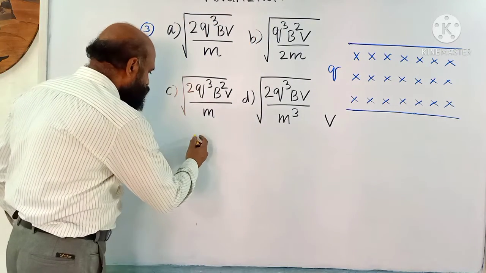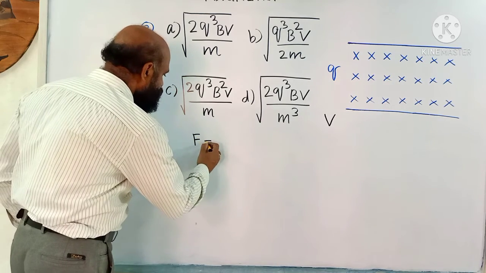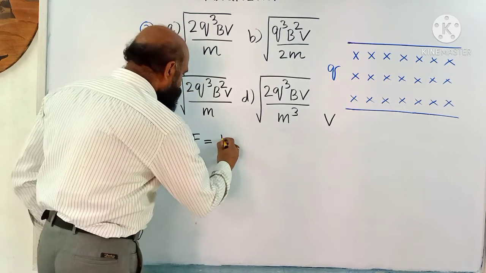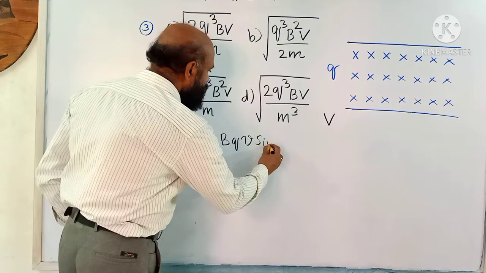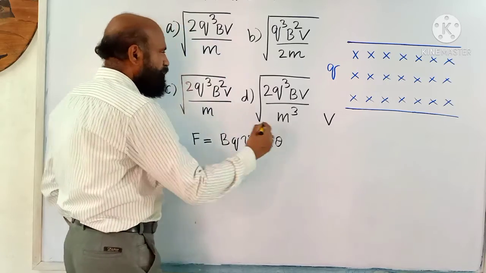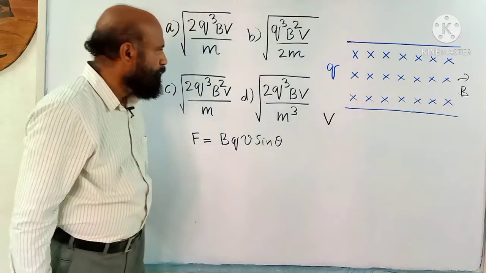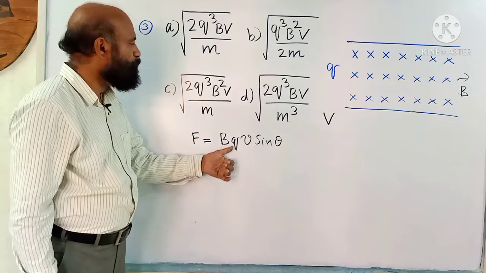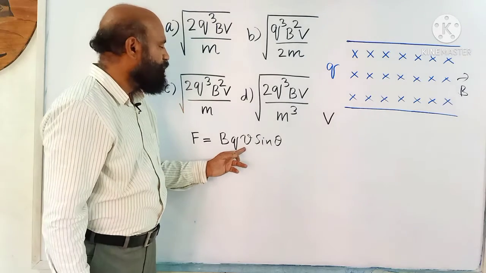The magnetic Lorentz force is given by F is equal to BQV sine theta, where B is the magnetic field, Q is the charge of the particle, and V is the velocity of the particle.